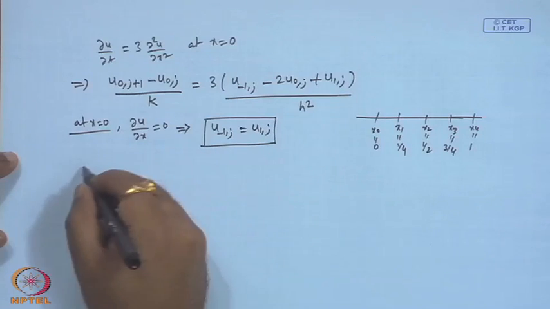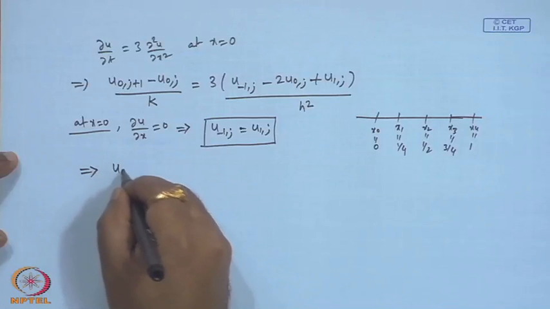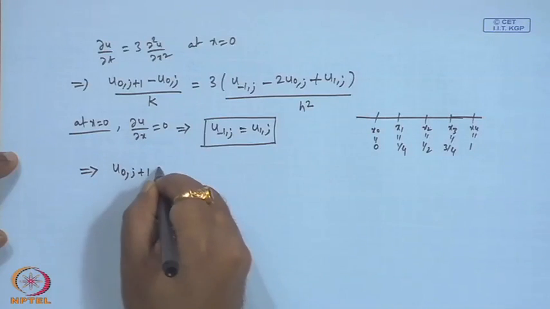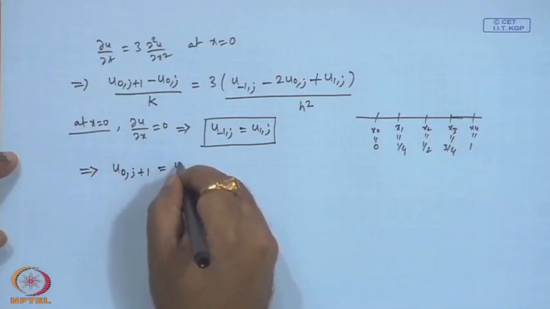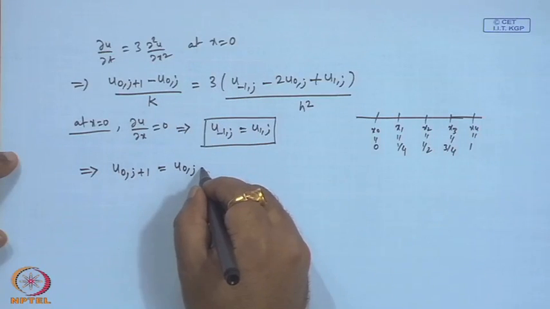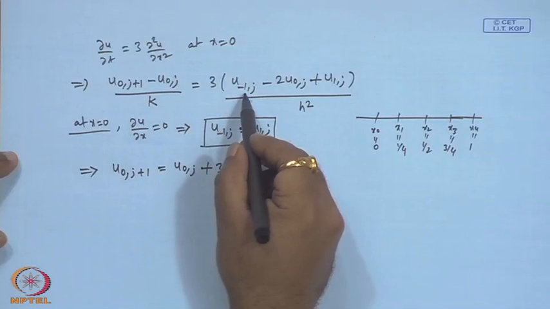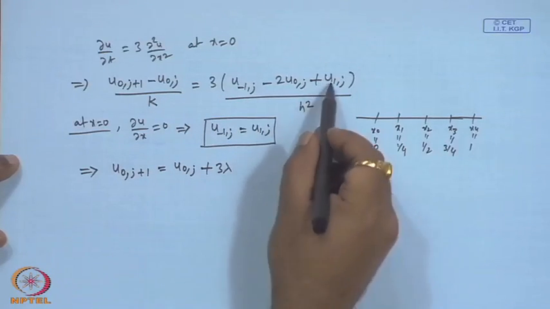So, this gives our equation to be, so I have taken this to the right, 3 lambda. So, u minus 1 I am going to eliminate.